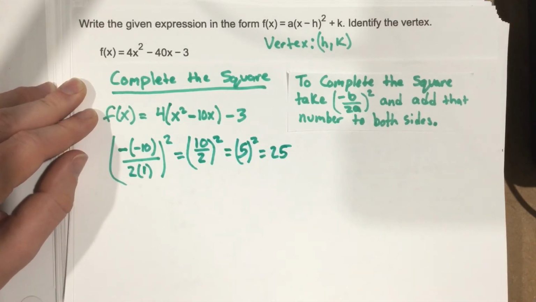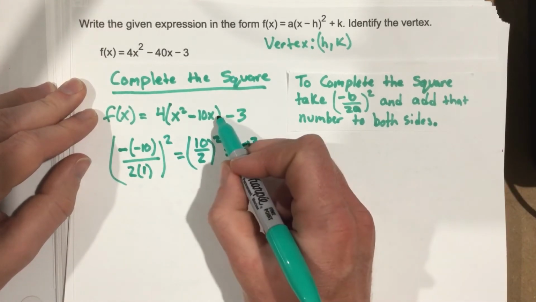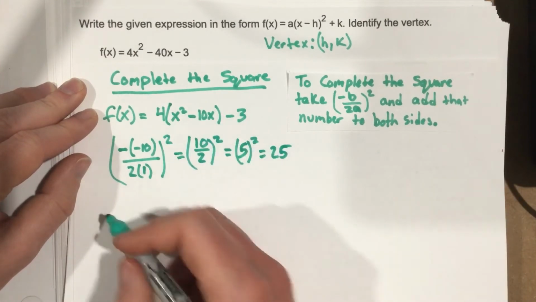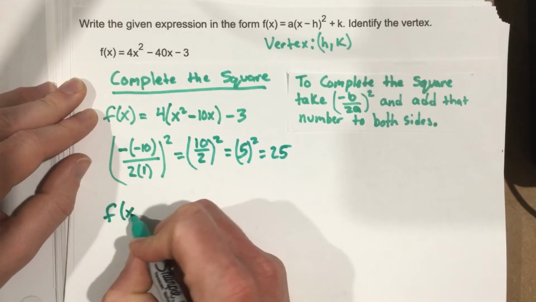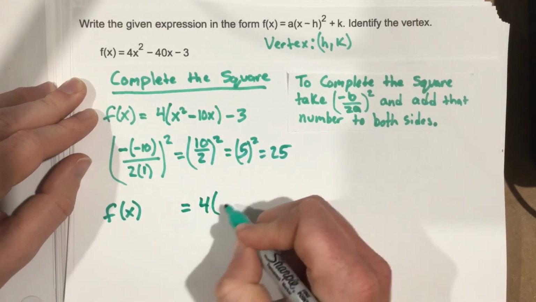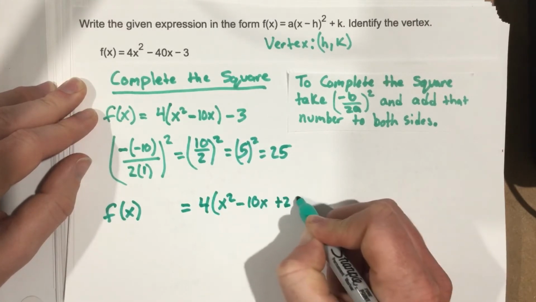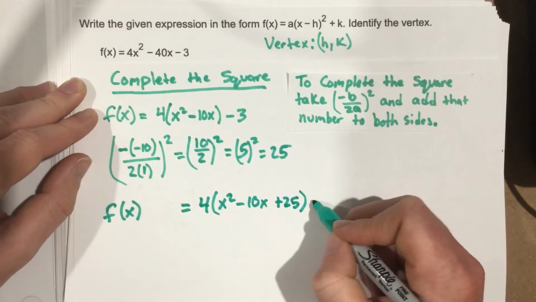Now I'm going to add 25 to each side because that's what it says to do. But I need to add the 25 inside the parentheses, so it changes things slightly. So I'm going to write f of x, and we'll leave a little space, equals 4x squared minus 10x plus 25 minus 3.